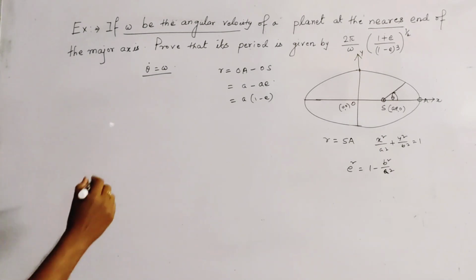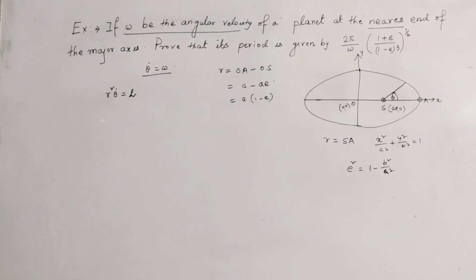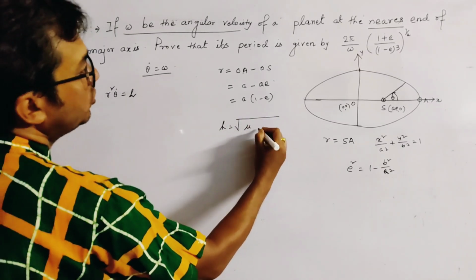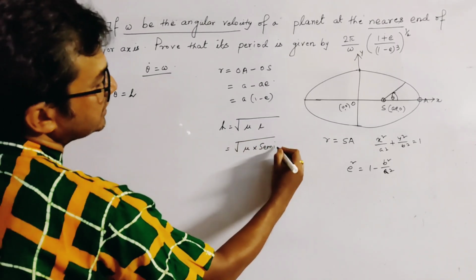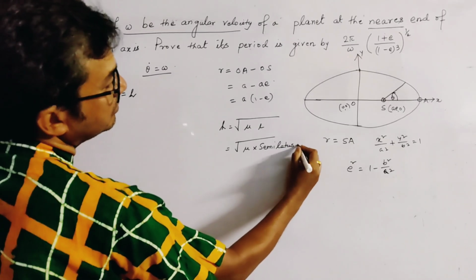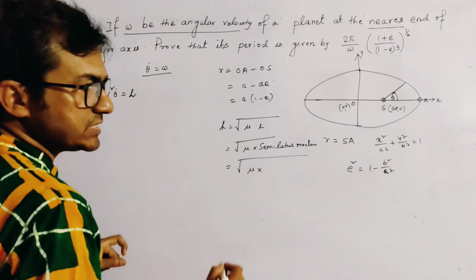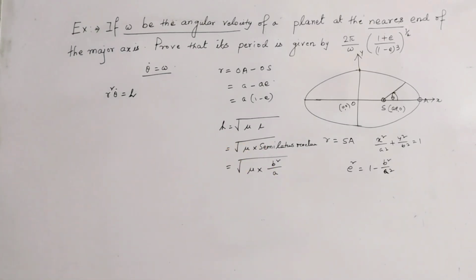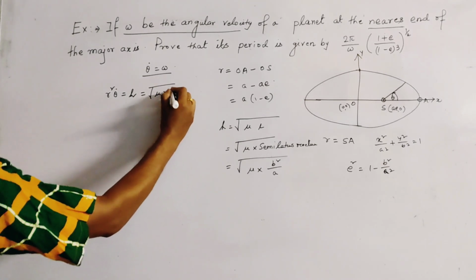Now in a central orbit we know that r square theta dot is equal to h, a constant, and we know the relation h equals root of mu into L, that is root mu into the semi-latus rectum. Semi-latus rectum means b square by a for the elliptic orbit. So we put here h equals root of mu into b square by a.